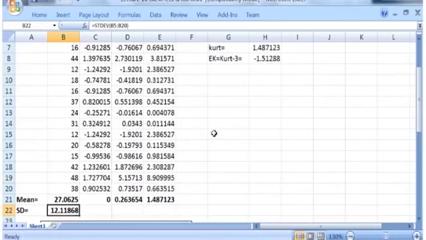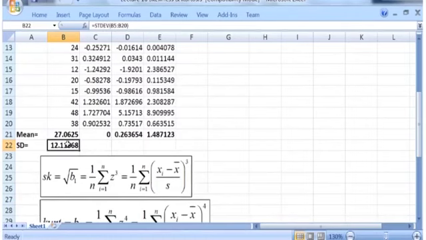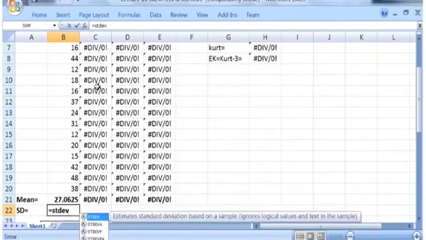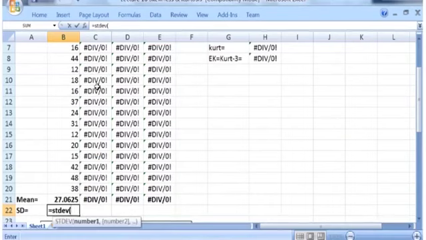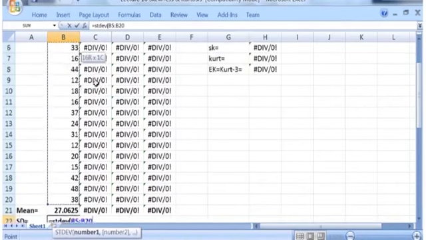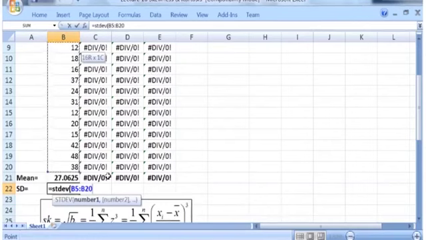In order to calculate standard deviation, we can use the STDEV formula. STDEV is a built-in function used to calculate standard deviation. Next we provide the suitable cell range, B5 to B20. So this will calculate the standard deviation of these numbers.